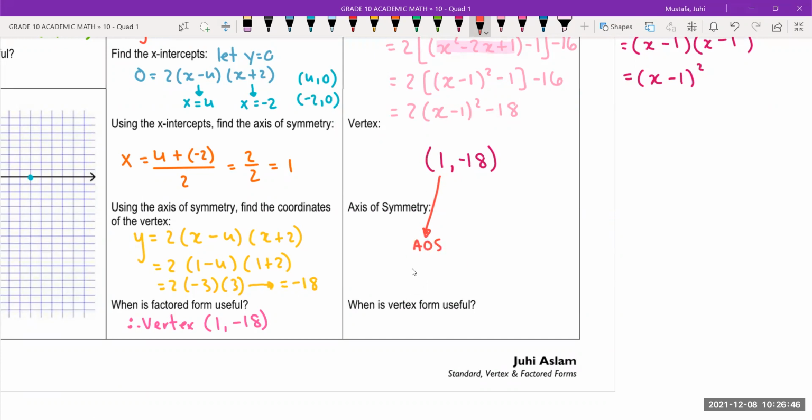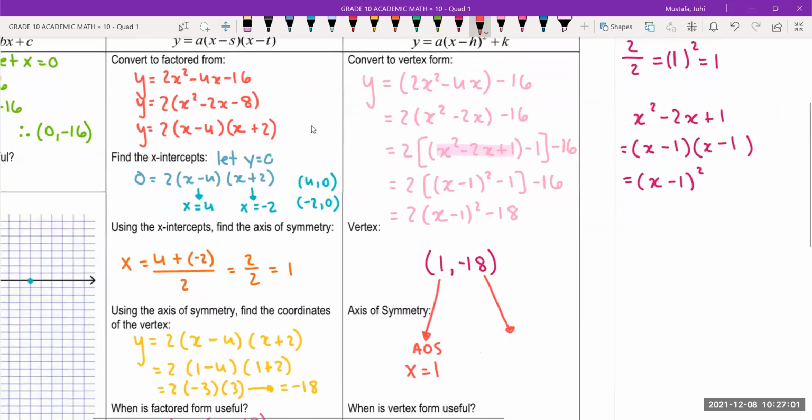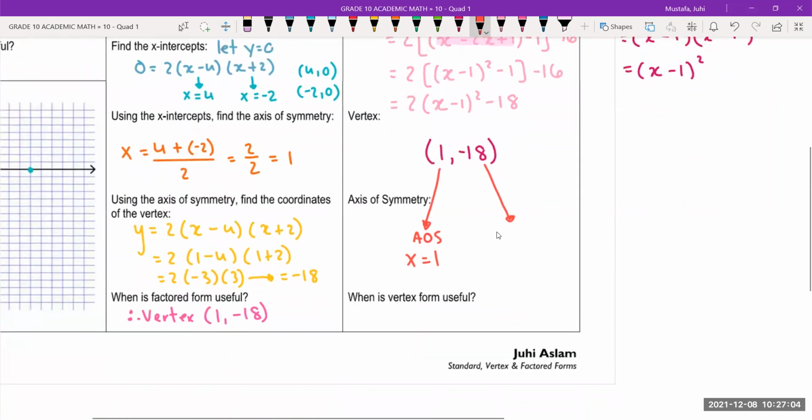So it tells you your axis of symmetry is at x is equal to 1. And this number here tells you your maximum or minimum value. I know the question didn't ask for it, but because this parabola has a positive 2, it has a minimum value at y is equal to negative 18. So minimum at y is equal to negative 18.